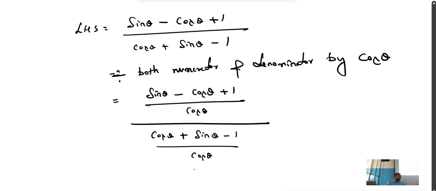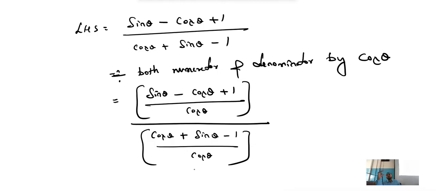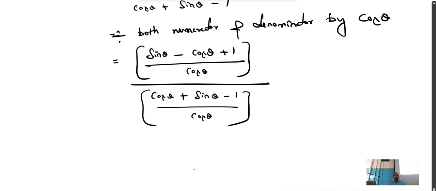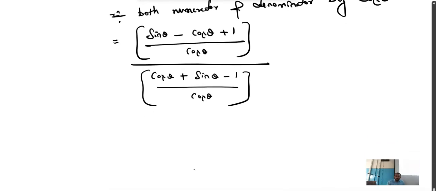Please don't write like this. Use brackets so that you will not get confused, because the upper one is the complete numerator and the below one is completely the denominator. So you should know the difference between numerator and denominator. That is the reason. Clear?